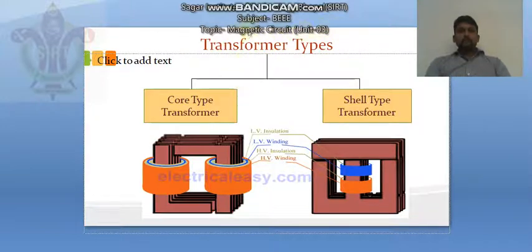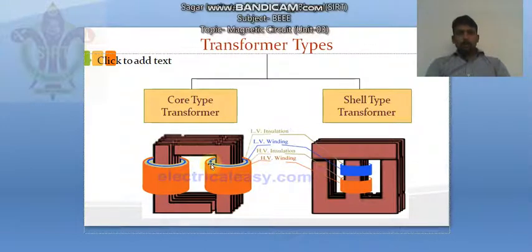Now next topic is types of transformer. Normally transformer has two types. First one is core type transformer, second one is shell type transformer. In core type of transformer we normally wind the low voltage winding and high voltage winding toward the outer of the core. Look here, in this core type we have wound this HV and LV winding at outer of the core.